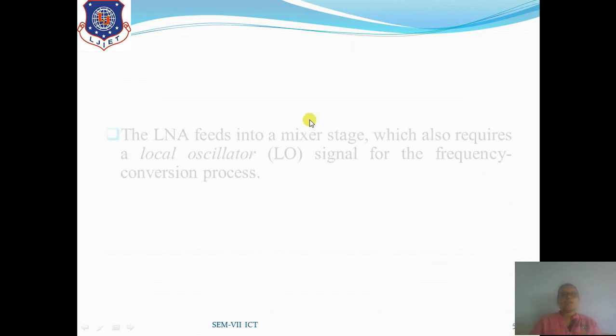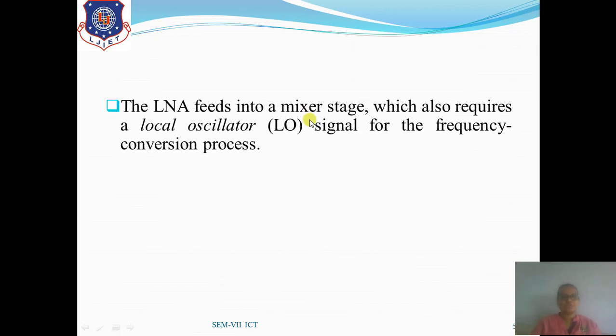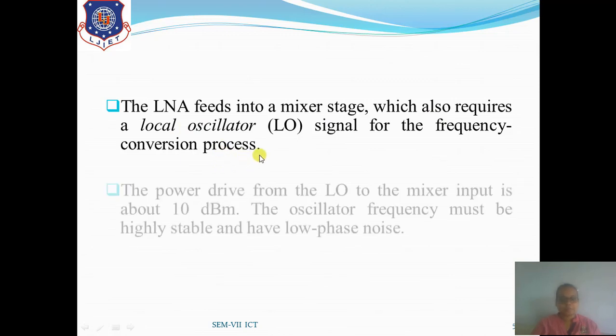Now the LNA feeds into the mixer stage, which also requires a local oscillator signal for the frequency conversion process. The same thing we discussed in the transponder: after the signal passes through the LNA, it passes to the mixer stage, where two signals get mixed, one coming from the LNA and the second from the local oscillator, through which the frequency conversion takes place.